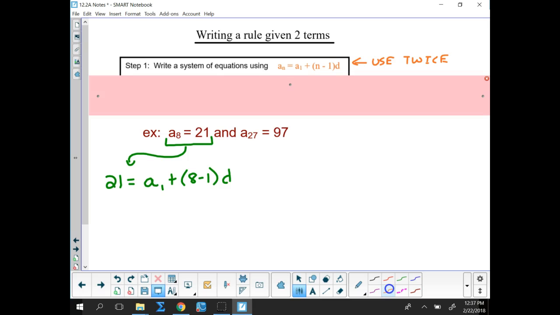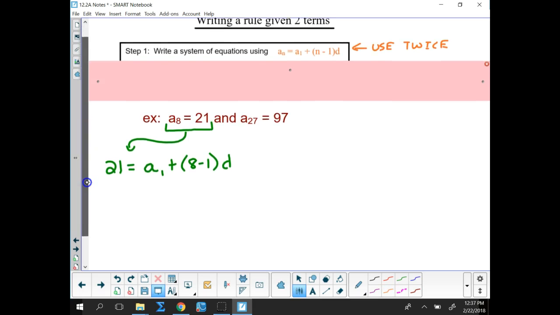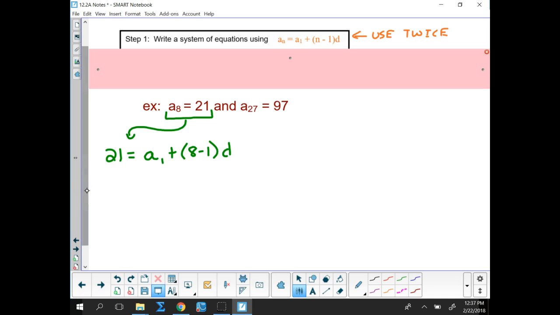Correct? Okay. So that simplifies down to 21 equals a sub 1 plus 7d. Agree?